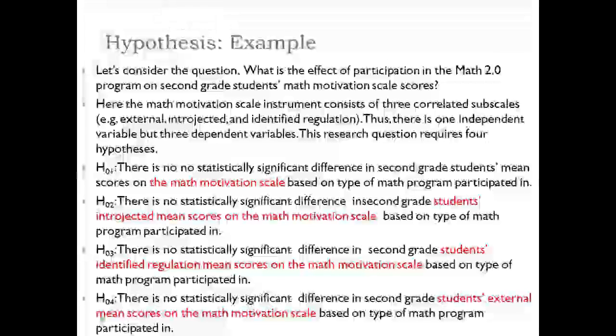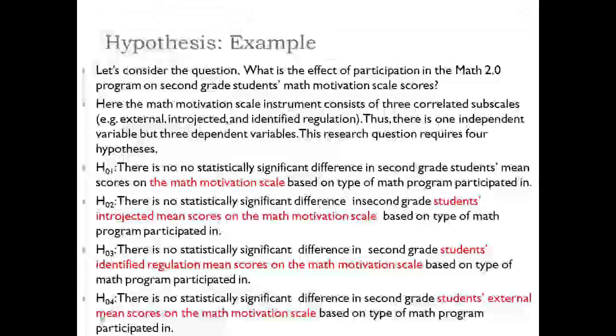The researcher is going to first pose a hypothesis that considers the linear combination of the 3 variables, or the entire motivation scale. So the first hypothesis proposed is there is no difference in second grade students' mean scores on the math motivation scale based on the type of math program they participated in.